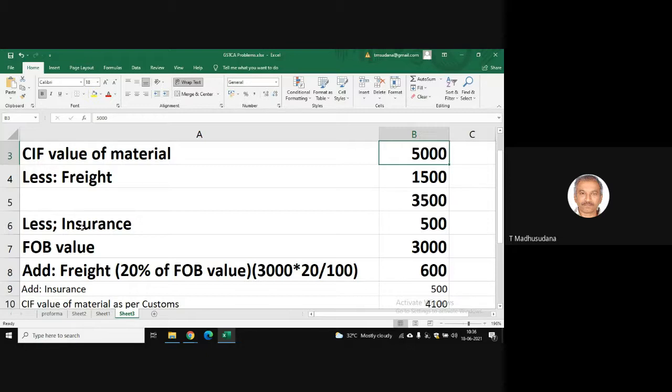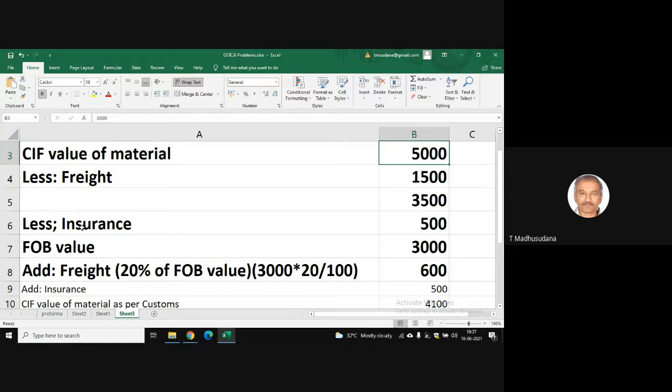Okay, so that's why what we have done in this problem is different from the previous problem. In the previous problem, the value of material purchased at factory price is given. Therefore, for that value, we added all the expenses incurred by the exporter, and we calculated the FOB value.